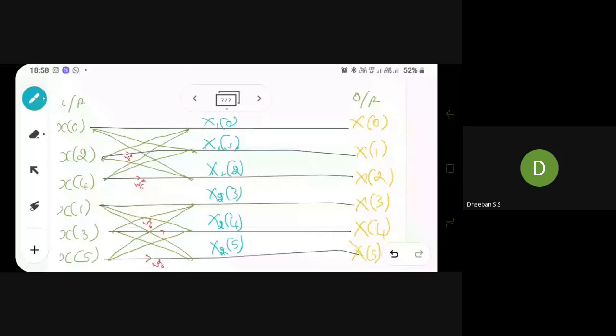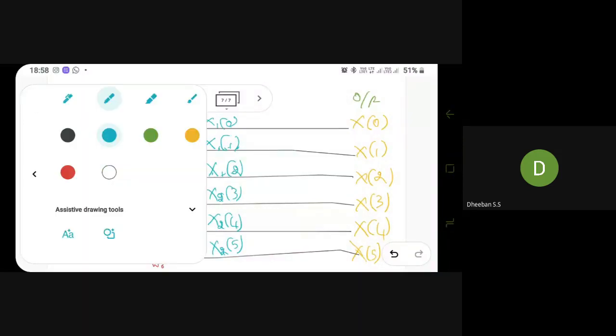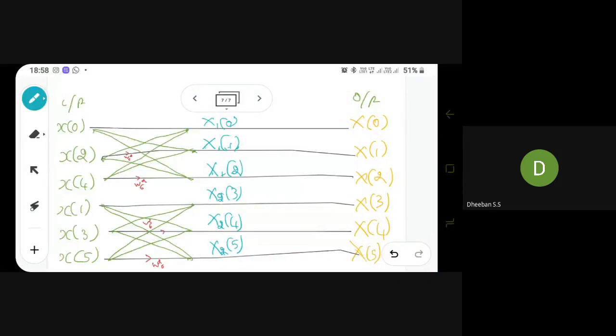Now what is the next part? You have to connect this. Here also the same: each and everything will be connected in this fashion.